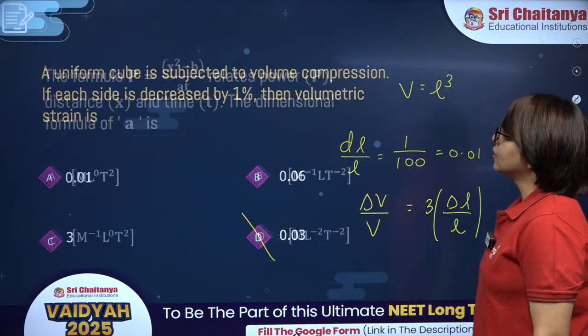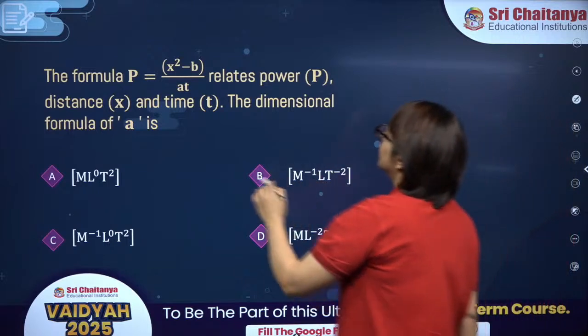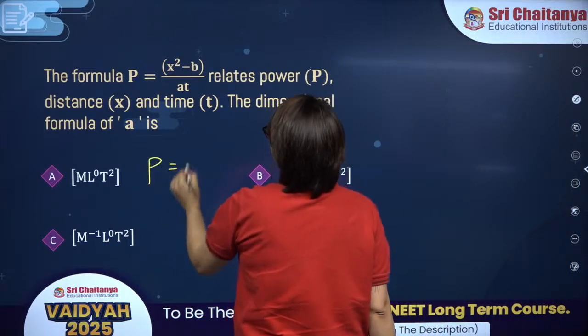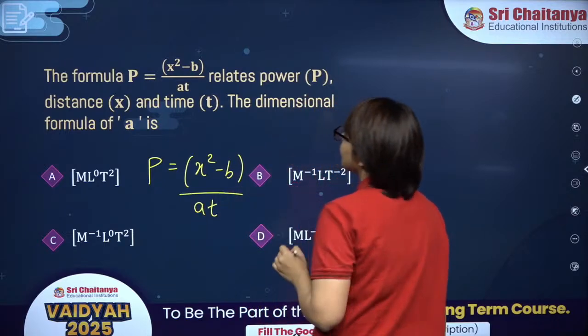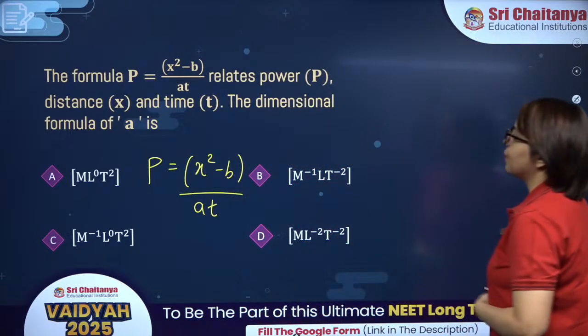Next is this one. The formula power is equal to x squared minus b divided by A t, where x is the distance, b is power and t is time.